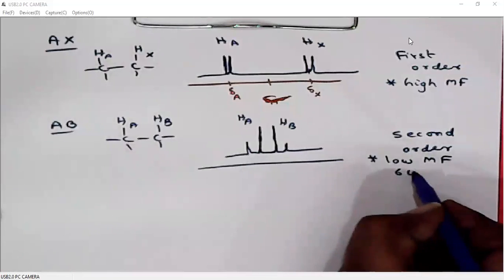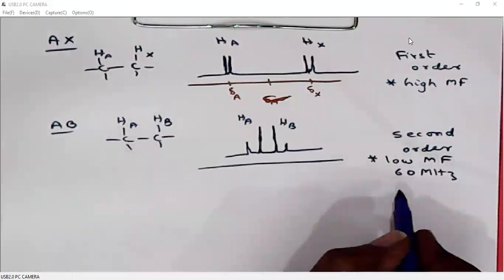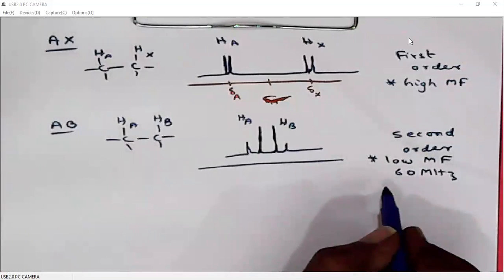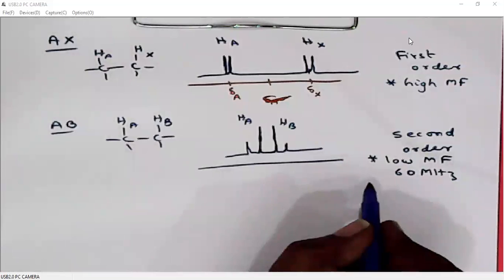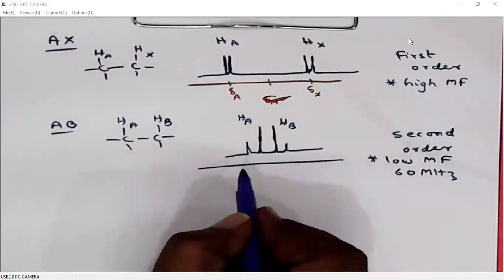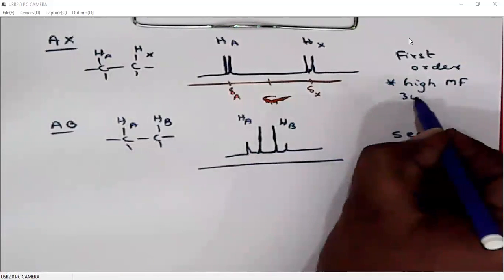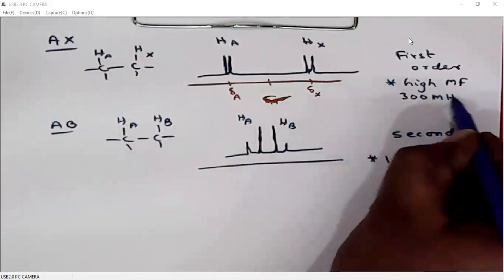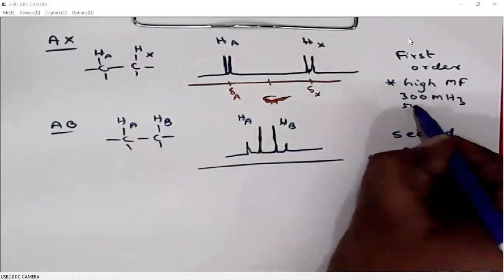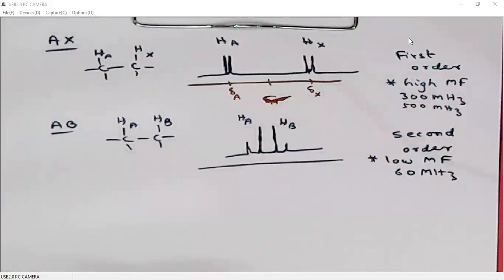Because, for example, take a 60 megahertz instrument. Because it has a very low magnetic field, the spectrum may not be very clear. So in that case, we will say it is a second order spectrum. But the same compound, when we take it on a high magnetic field, say for example 300 megahertz or 500 megahertz, then the spectrum becomes very clear.